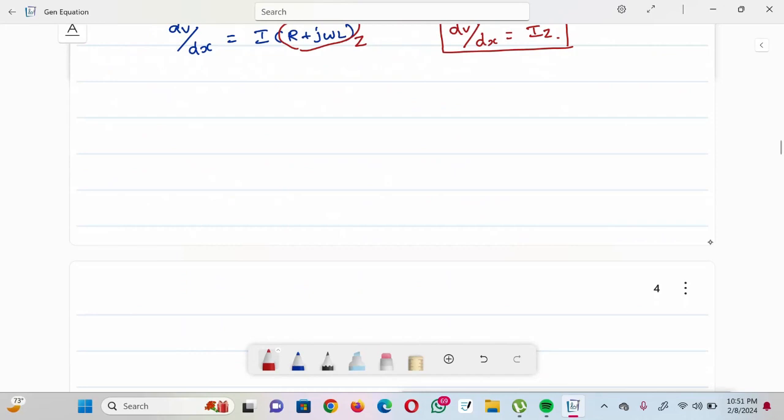After that we are going to calculate the current equation, the current difference between two ends.